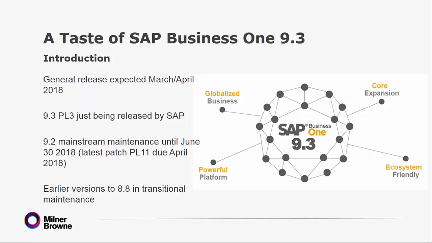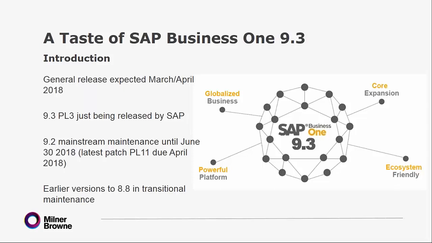For those of you who are on earlier releases of Business One, you'll see that the 9.2 mainstream maintenance will continue until the end of June, and there's another patch out for that in April. And once that's done, then it will move into what's called transitional maintenance, as are all the earlier releases of SAP, which go back to 8.8.